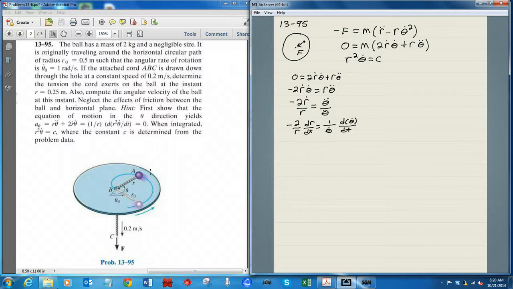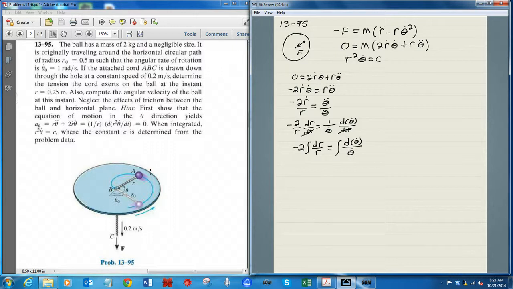Alright, so now what I'm going to do is cancel the dt's, multiply through by them, and so what I'm left with on the left hand side, now I'm going to put in an integral, is a minus 2 integral dr over r, and then over here this is going to be the integral of d theta dot over theta dot.